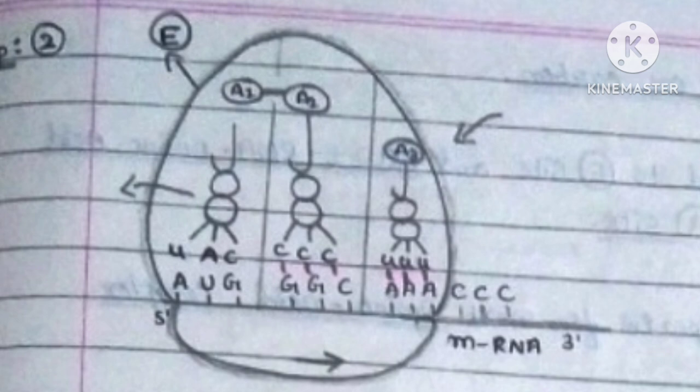One by one, the tRNA amino acid complex enters through the A site and then moves to the P site. After the formation of a phosphodiester bond between the two amino acids, the previous and the new one, the ribosome shifts one codon ahead.